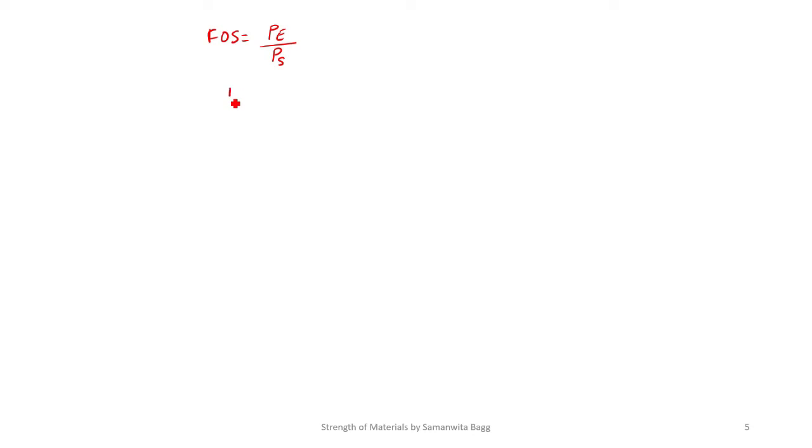So when I have to calculate PS, this is PE upon FOS. So this will be 2.009 into 10 raised to 3 upon FOS value, which is given as 3. On calculating, I'll get 669.74 Newton. So this is the answer for the first case.